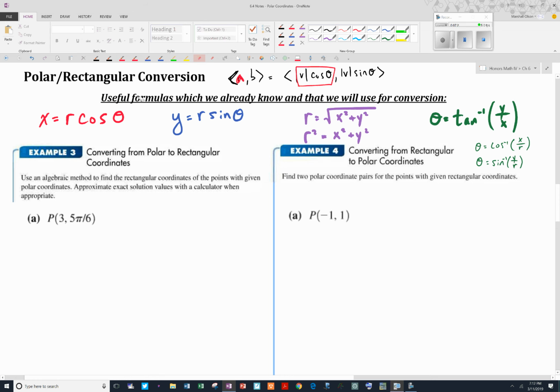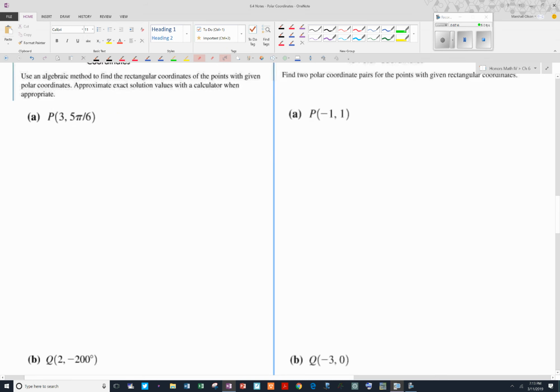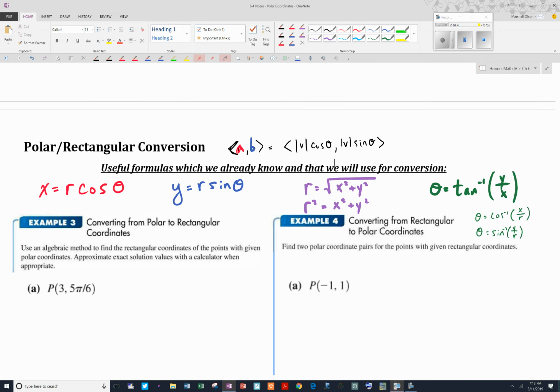X equals the r value, which is the distance from the pole to the point. That's just like the magnitude. It's the distance, the length, times the cosine of theta. And b would be equal to that r value times the sine of theta, just like magnitude times the sine of theta. And then this r equals stuff, this is just like the magnitude. How we said the magnitude is equal to the square root of a squared plus b squared.